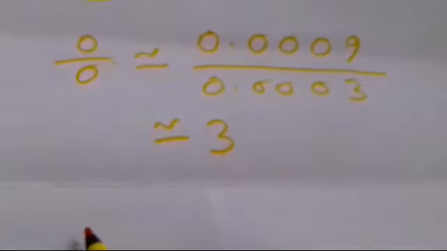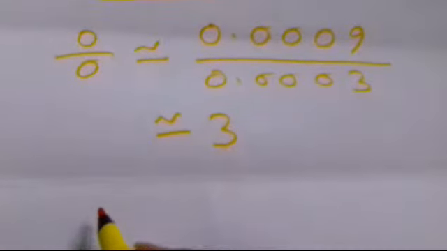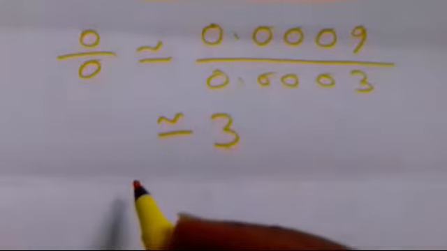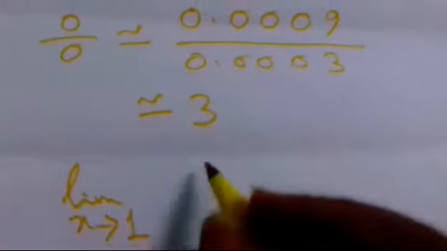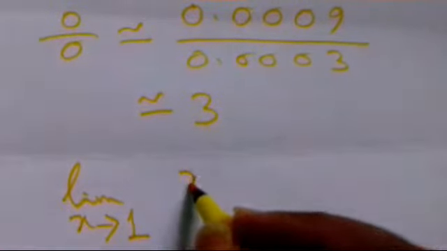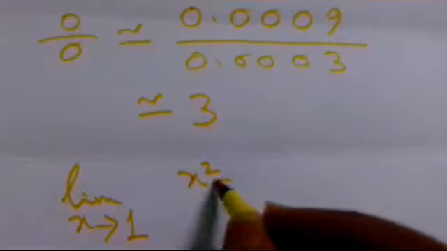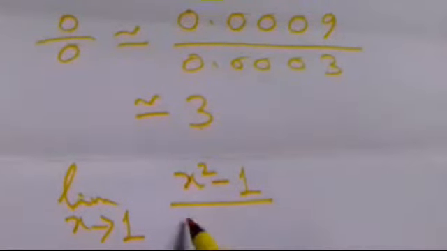Now let's watch how it works functionally, though we started in a simple way. As x tends to 1, say we take the result x square minus 1 by x minus 1. What happens there?